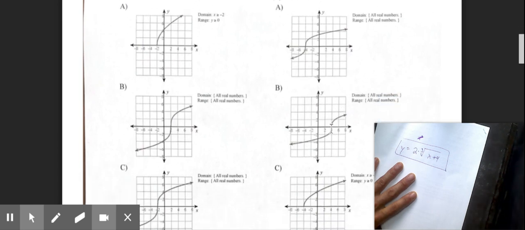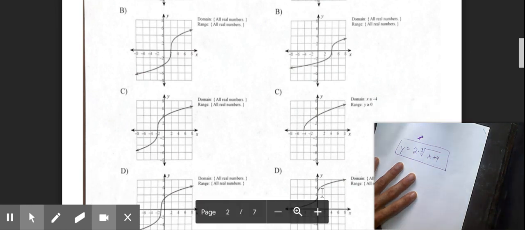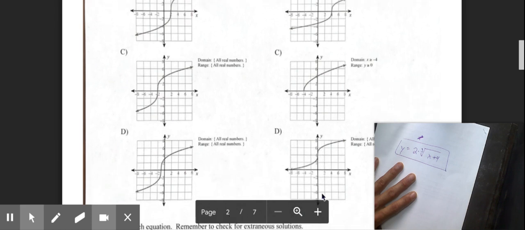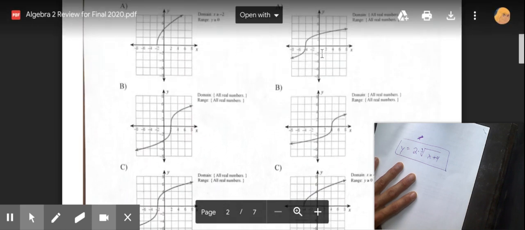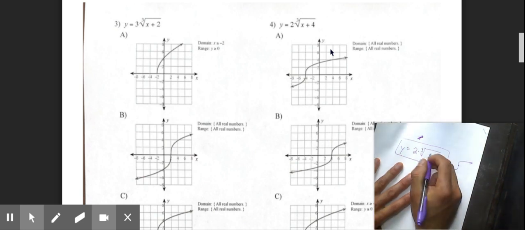B moved to the right 4. C is still a square root function, but it moved to the left 4. D translated up 4. So the correct choice I'm going to use is choice A. It is the cube root function translated to the left 4, and there's a vertical stretch, which makes it look taller. Number 4 is going to be choice A.